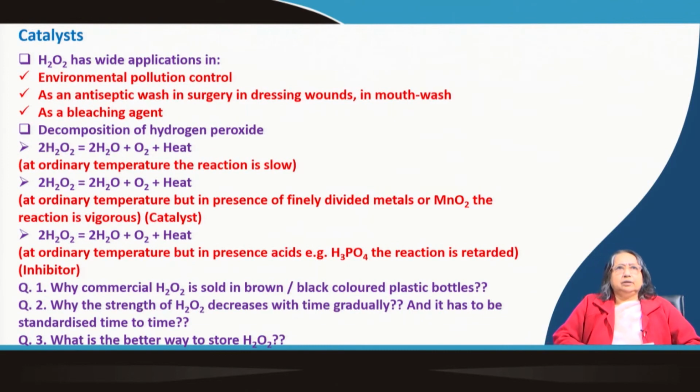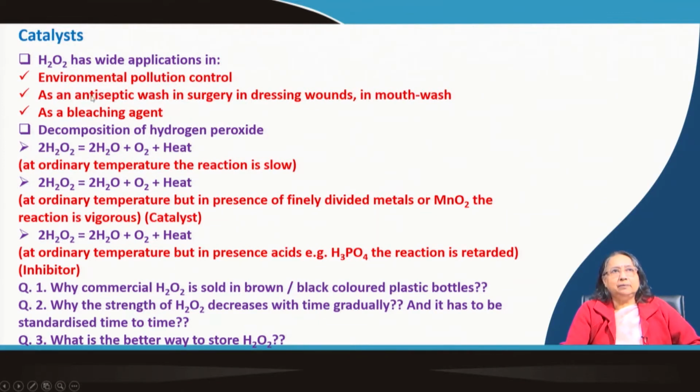Now, catalyst, the first thing: it is a very simple thing, simple in the sense that all of you know H2O2, hydrogen peroxide. In our school days also we learnt that H2O2 can be used for many different purposes. Say, for example, if you think about environmental pollution, then we can use H2O2 to degrade organic pollutants.